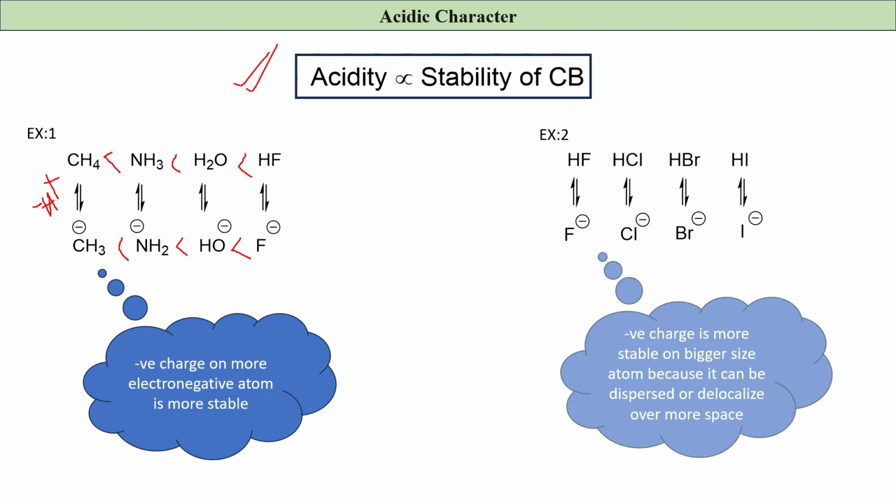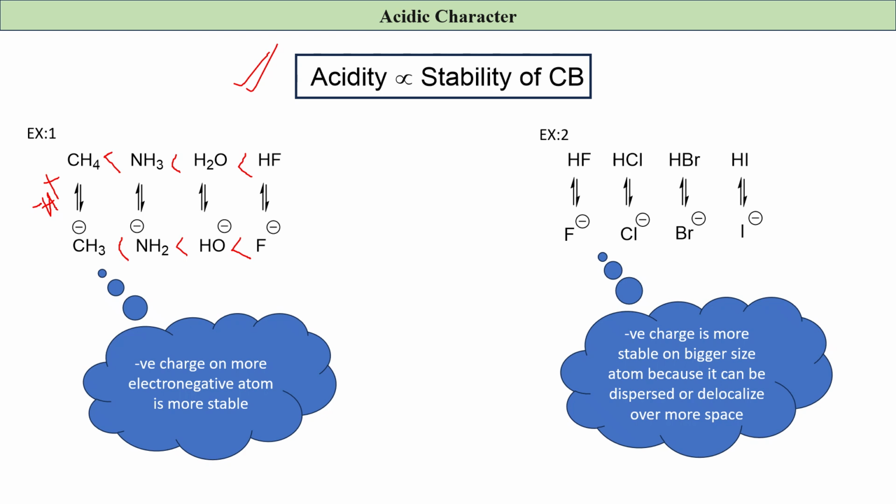Now here one more concept comes, that negative charge is more stable if it is present on a bigger size atom. Okay, you can see here the negative charge on iodine, here negative charge on bromine, negative charge on chlorine, negative charge on fluorine. Here negative charge is present on iodine, which has bigger size.